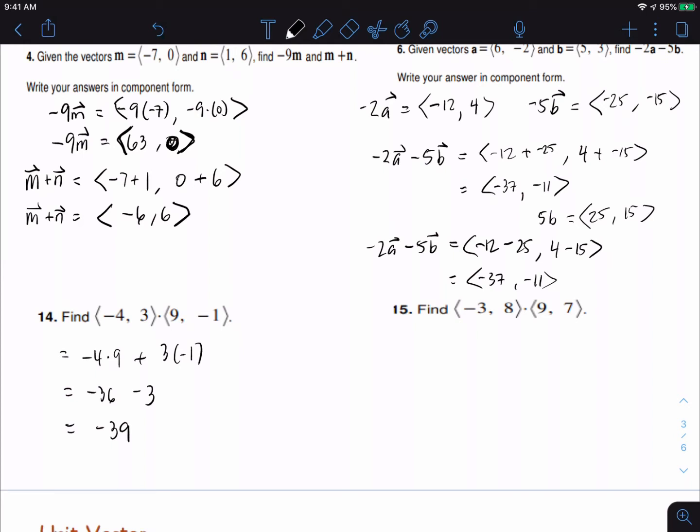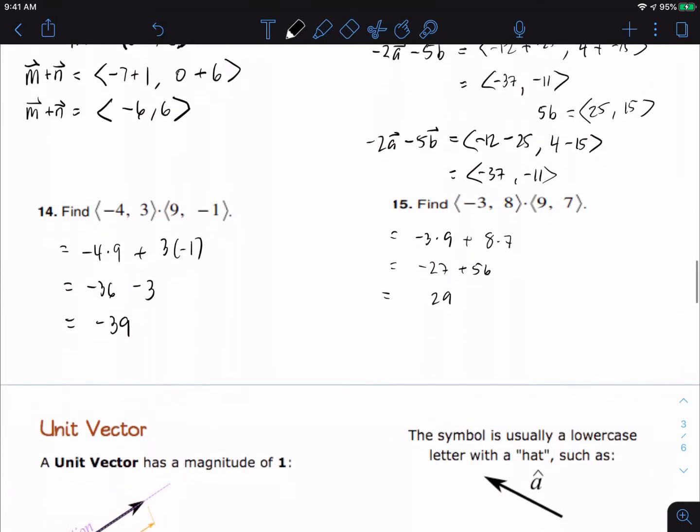Okay, cool. So let's do it. So then we should get a negative 3 times 9 plus 8 times 7. So that's a negative 27 plus 56. And what the heck is that? 29? Okay, cool. So it makes sense? All right, good. Well, let's keep moving then.